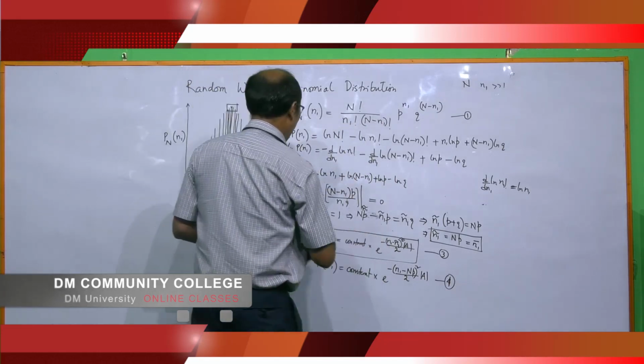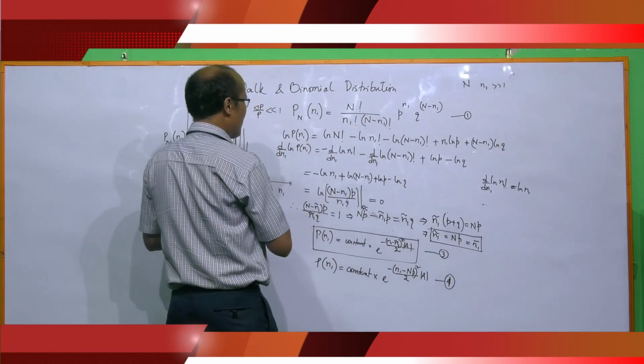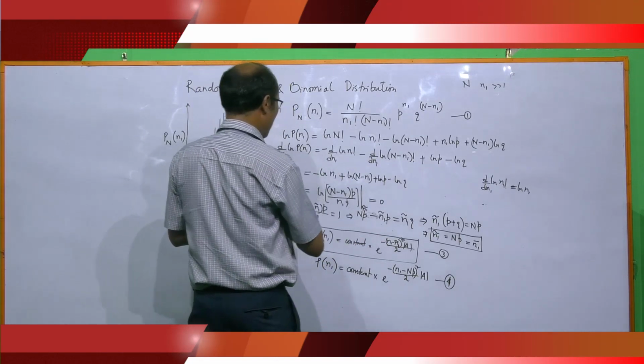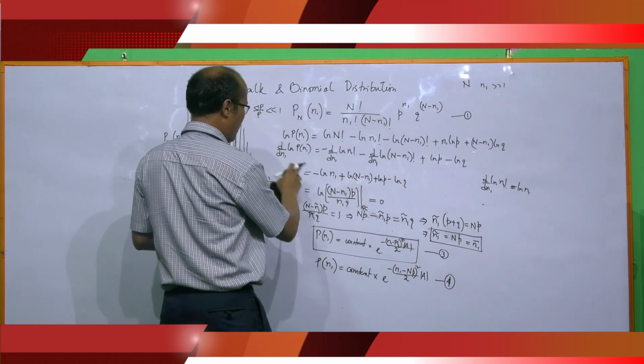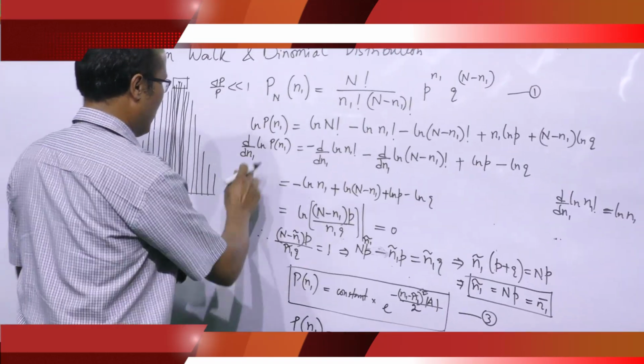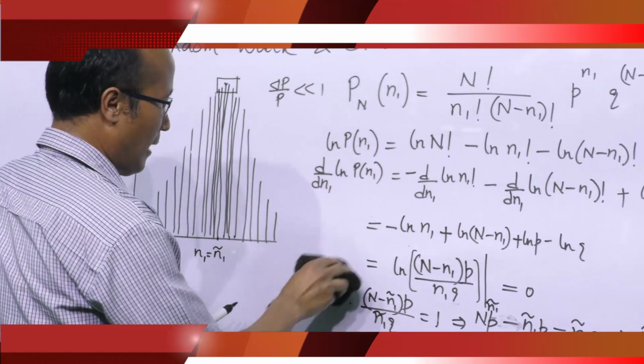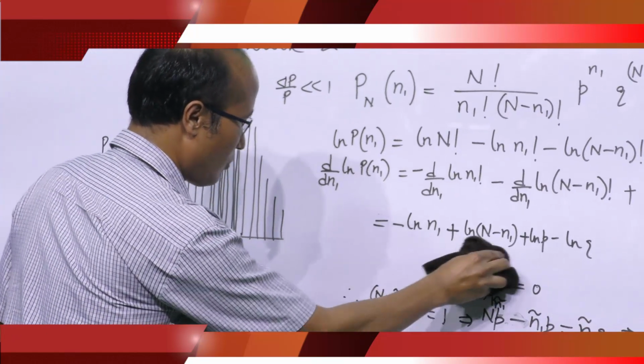And in order to evaluate this A, what is A? A is nothing but the double differentiation with respect to n1 of log of P(n1), and we have to evaluate it at n1 tilde.